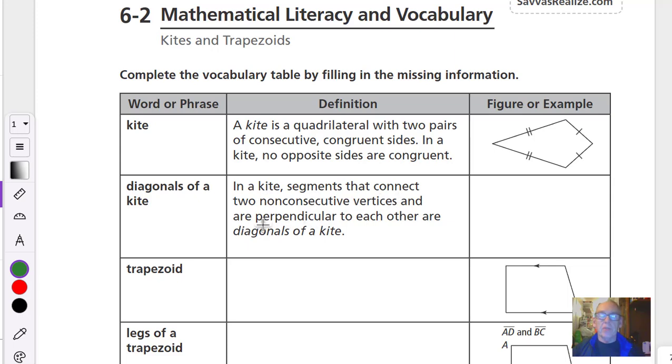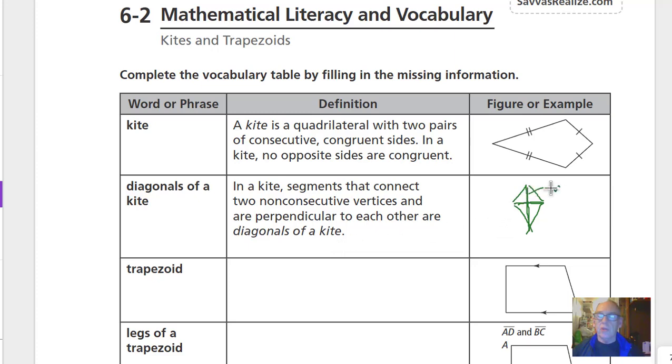In a kite, segments that connect two non-consecutive vertices are perpendicular to each other, and we call those the diagonals of a kite. Also, let me sketch one in here. So if I sketch this kite in here, this major diagonal is the perpendicular bisector of the minor diagonal. So we call these diagonals.